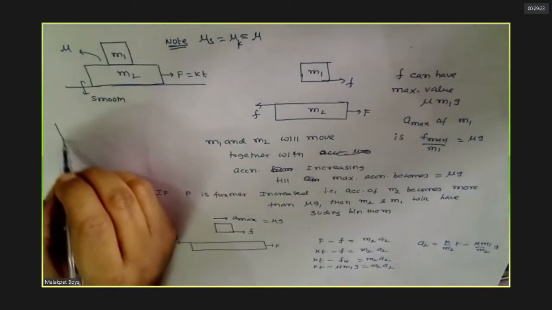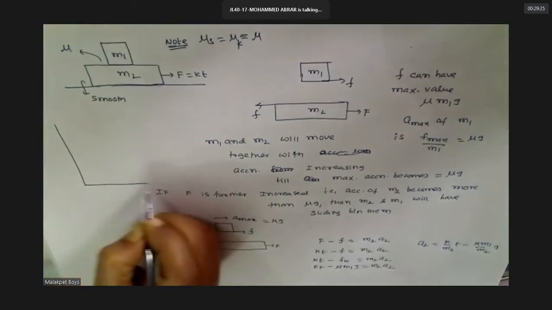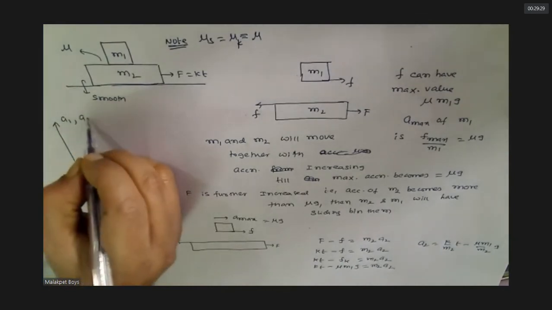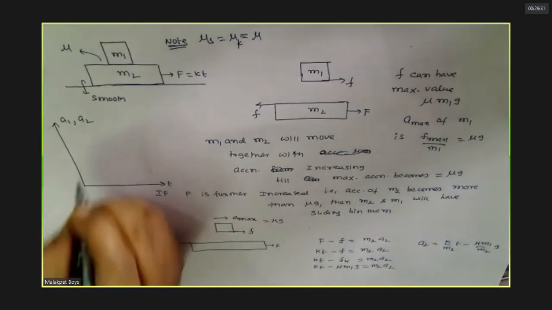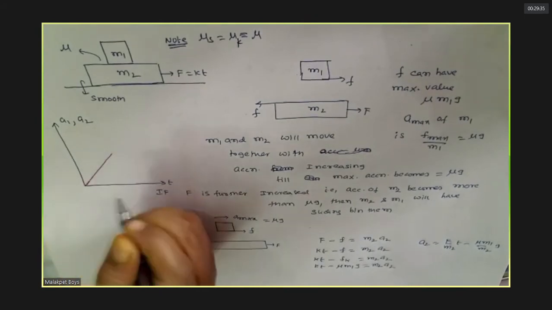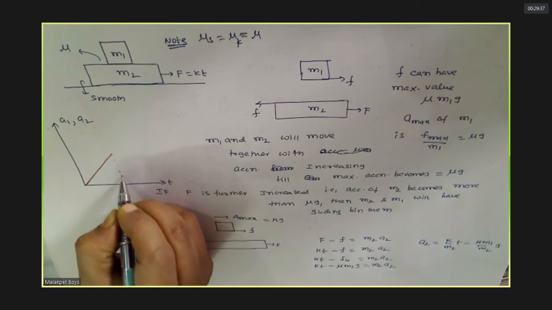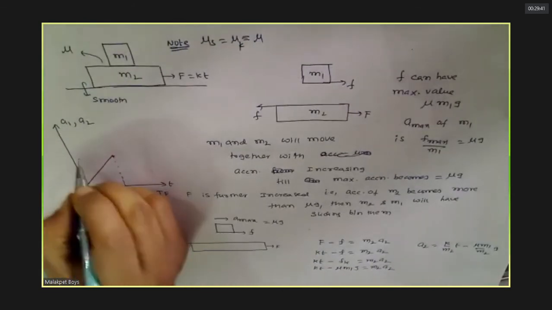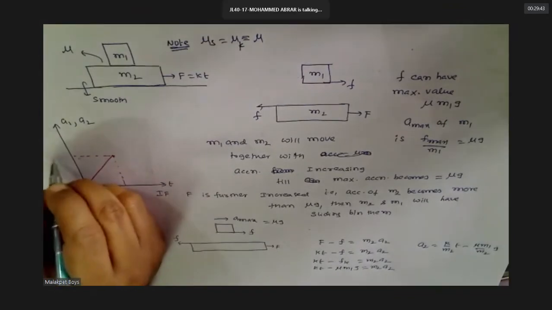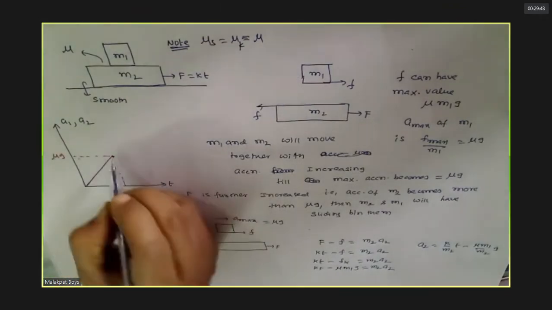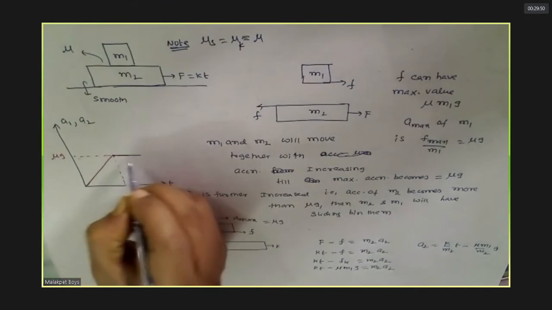Now from this, mx minus c. If you plot that, the acceleration goes on increasing till some time. The maximum acceleration it can have is how much we have seen? Mu g. After that, for M1 it is fixed now.